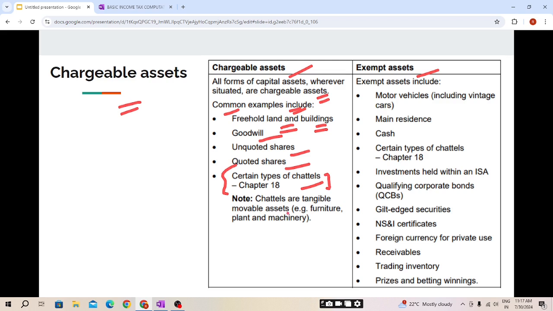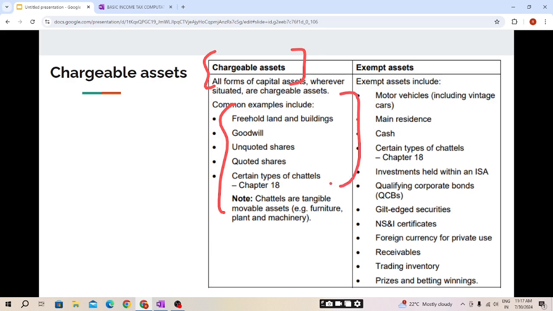Chattels are tangible movable assets, for example furniture, plant and machinery. The basic definition of a chattel is that it is a tangible and movable asset. We can feel or touch it. I hope this is clear, students.